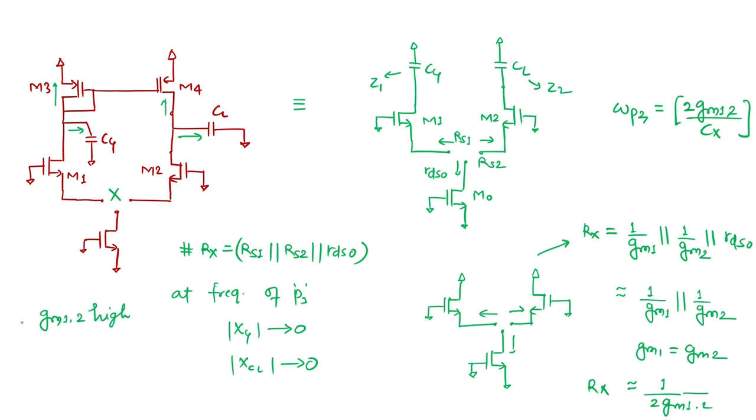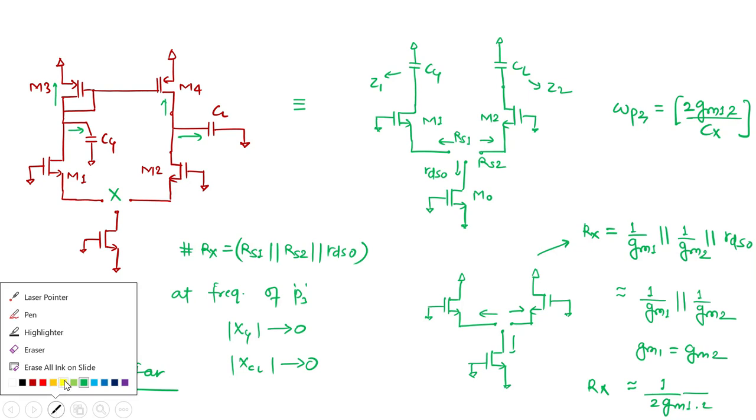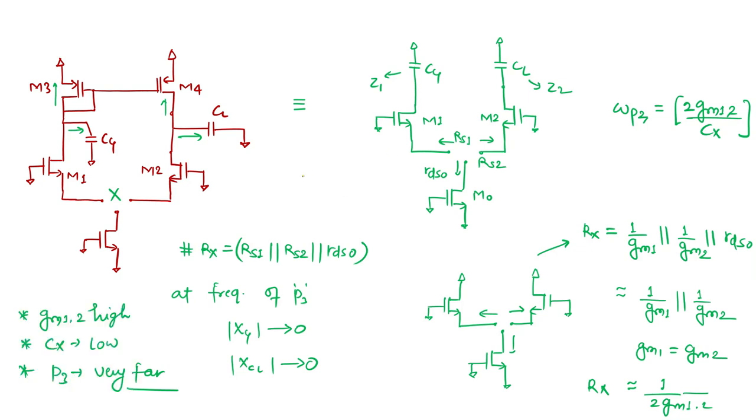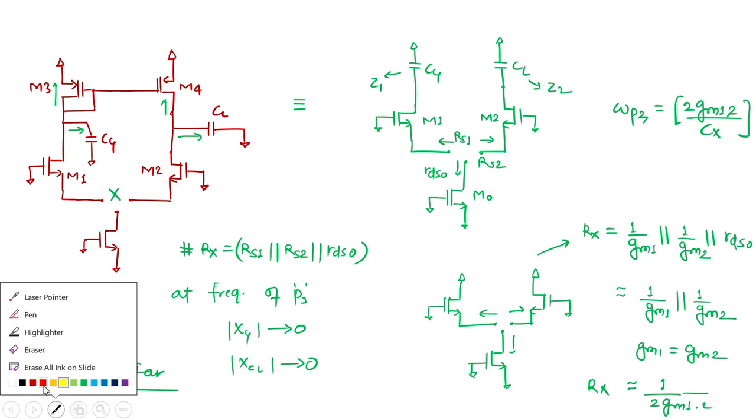There are many stories behind it, but usually we keep it high, and Cx is very low, so this P3 is very far. I have considered a few more assumptions here, but for the time being, you can solve this particular one also.